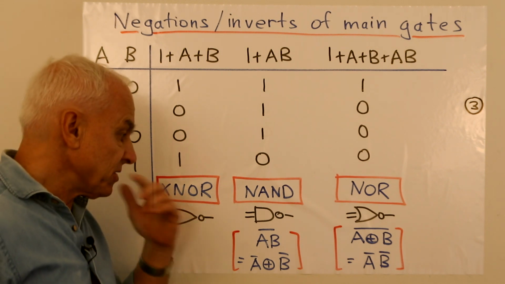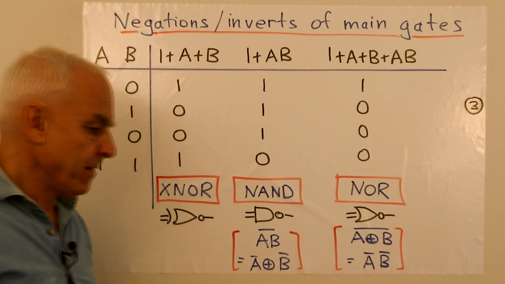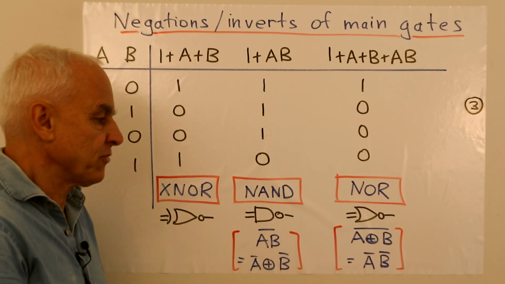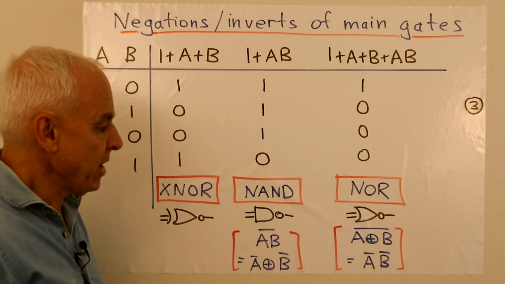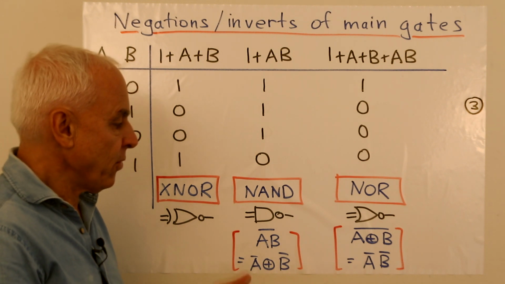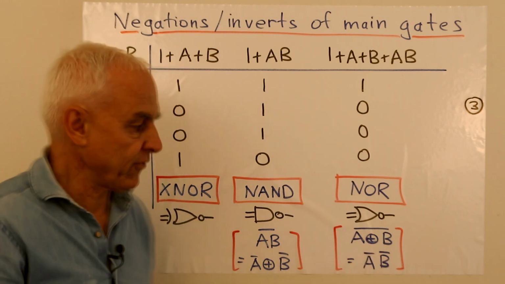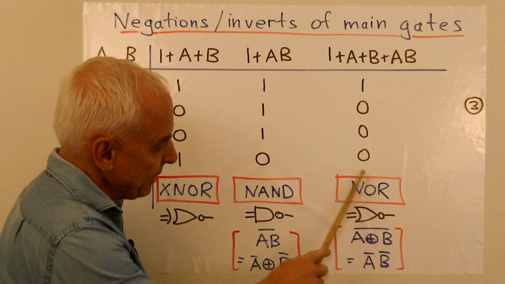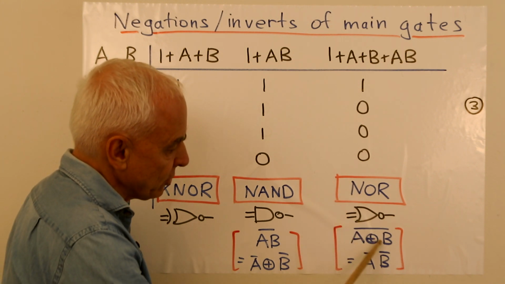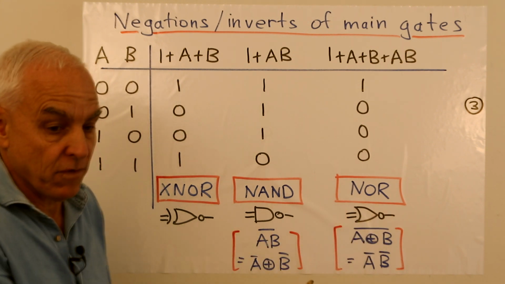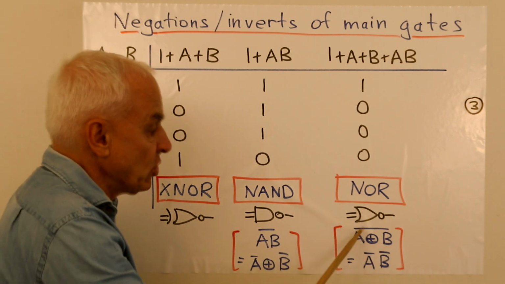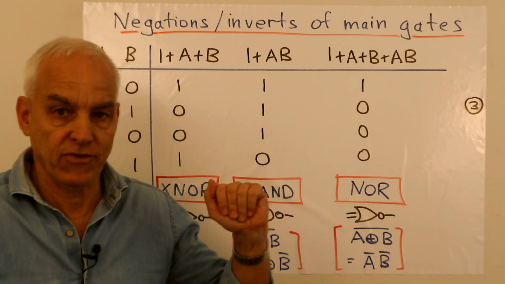And I just connect with the more traditional Boolean story. In the Boolean algebra story, we negate by putting bars over things. Okay, so this would be A circle sum B. That's our notation for the OR gate. So the negation would be putting a bar across that.